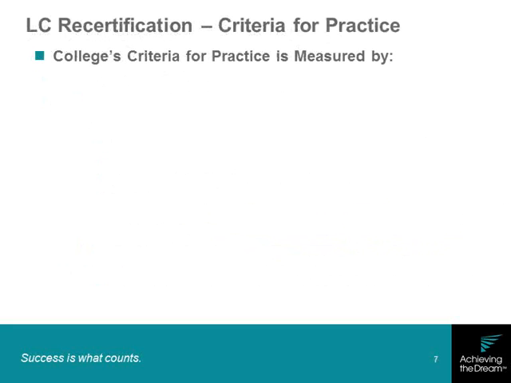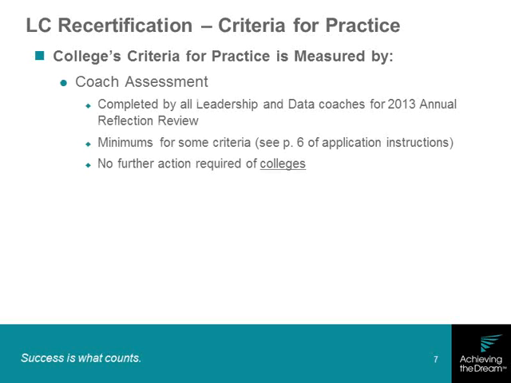Now we'll review how a college's criteria for practice and performance is assessed in this process. A Leader College's progress in the area of practice is measured several different ways. First of all, the college's coaches complete the principles assessment and submit this to ATD.